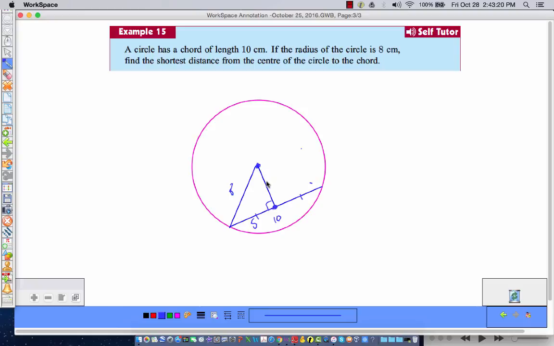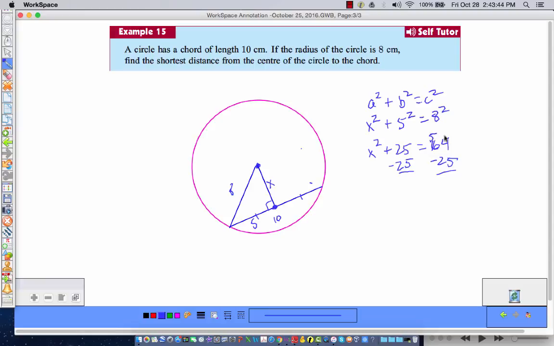So this distance we'll call x, and we have our friend the Pythagorean theorem, a squared plus b squared equals c squared. So I can say that x squared plus 5 squared is equal to 8 squared. x squared plus 25 is equal to 64. I subtract 25 from both sides.